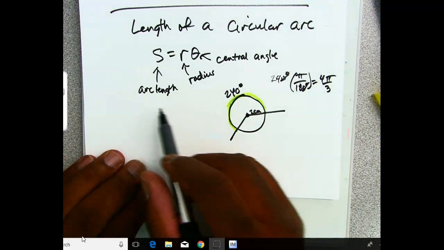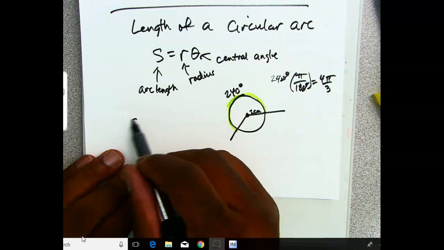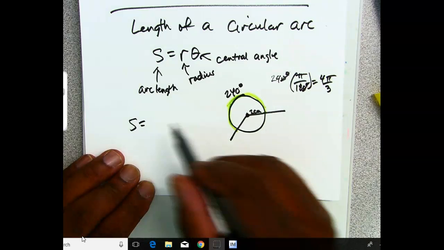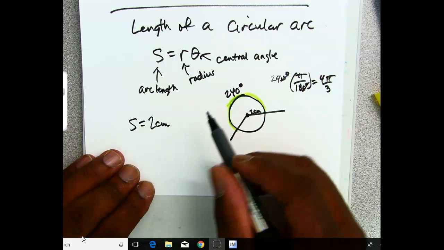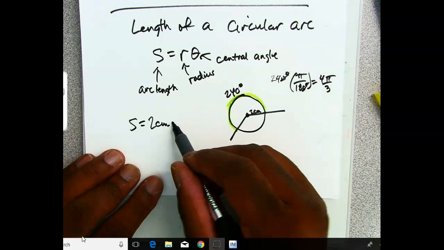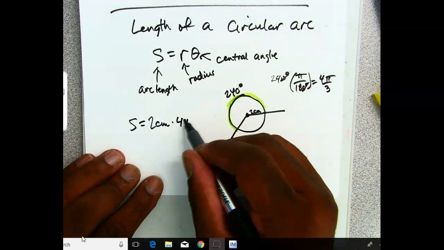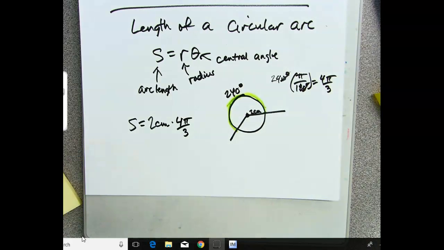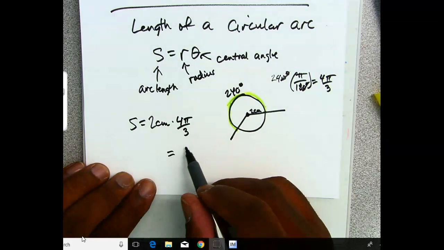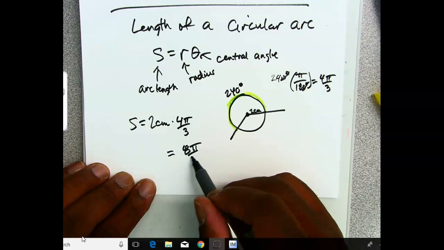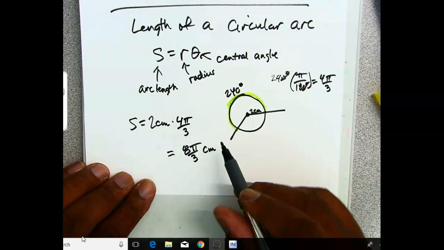So our arc length, the length of the circular arc, would be our radius, 2 centimeters, times our central angle, which is 4 pi over 3. So it would be 8 pi over 3 centimeters.